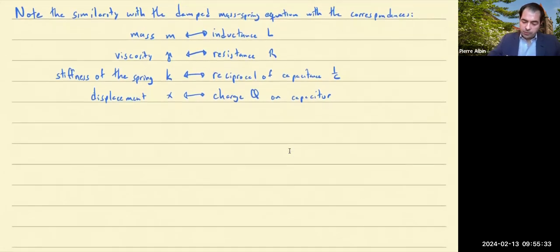Now, often the voltage is not constant, so our forcing term is often not constant, but instead varies with time.